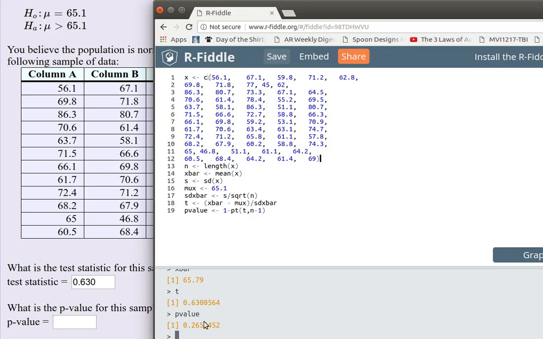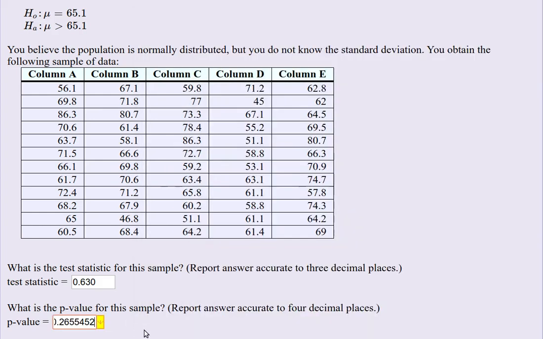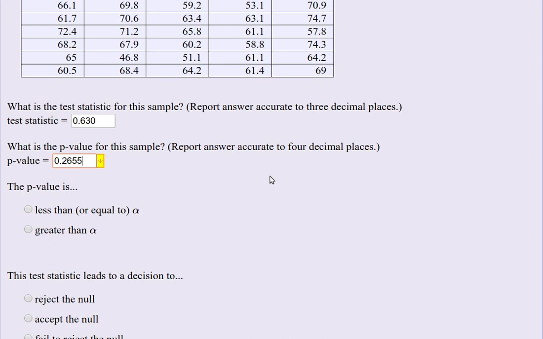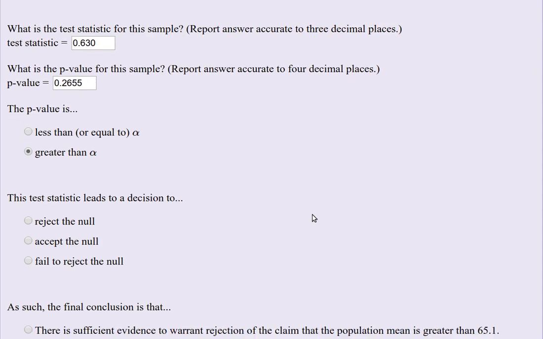They wanted a p-value. So there's my p-value. I'll put that in. And they wanted that to 4 decimal places. There's 1, 2, 3, 4. So that rounds to be that amount. And so now we, whoa, that's a huge p-value. It's definitely greater than alpha.